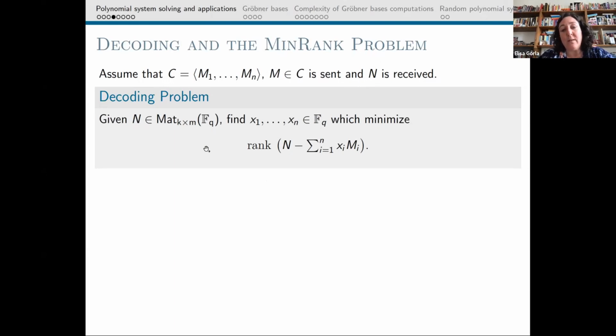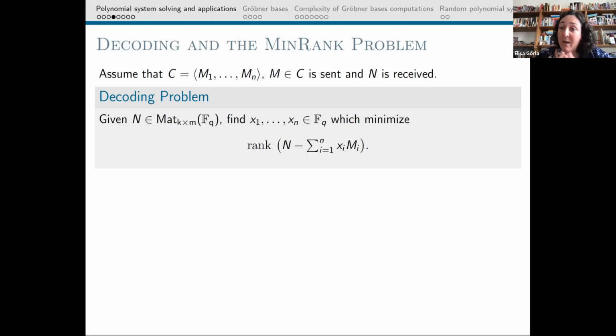And the way you do this is you solve this problem. So you find the element in the code, so the linear combination of the generators Mi of the code, which is closest in distance to N. And now, in practice, what you do is you minimize the rank of a matrix where the entries are linear forms in the Xi's. Okay.